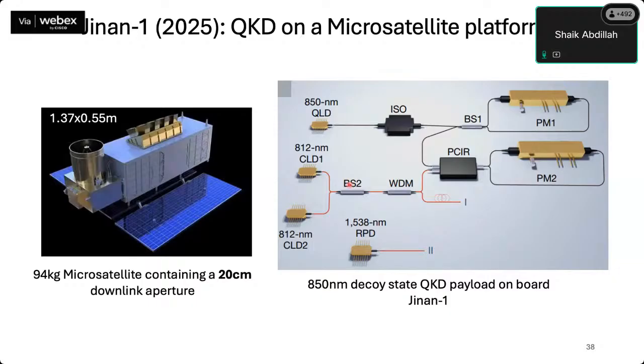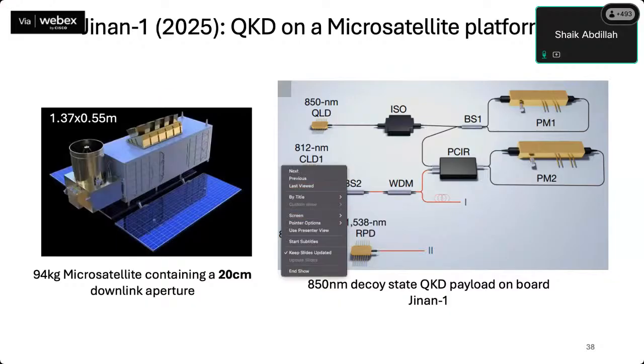So you do have another communications laser diode at 812, and that is for timing and synchronization and for beacon tracking, right? So this actually made the QKD module much more compact and much more power efficient. Instead of having to drive 8 laser diodes, they only have to drive 1 laser diode. And this was recent, I believe, in March of this year.